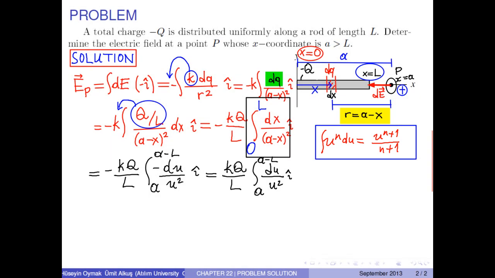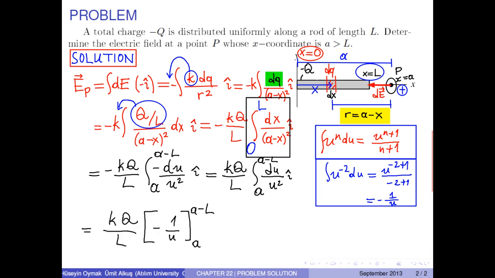In our example, we can write the integral as u to the negative 2 du. Therefore, the integral becomes negative 1 over u. Therefore, the electric field becomes k times Q over L times negative 1 over u, i hat.